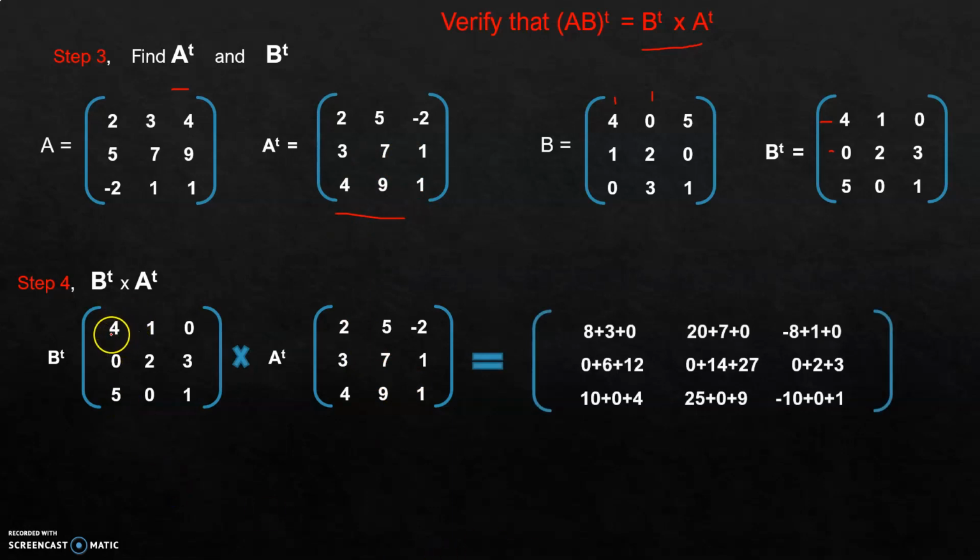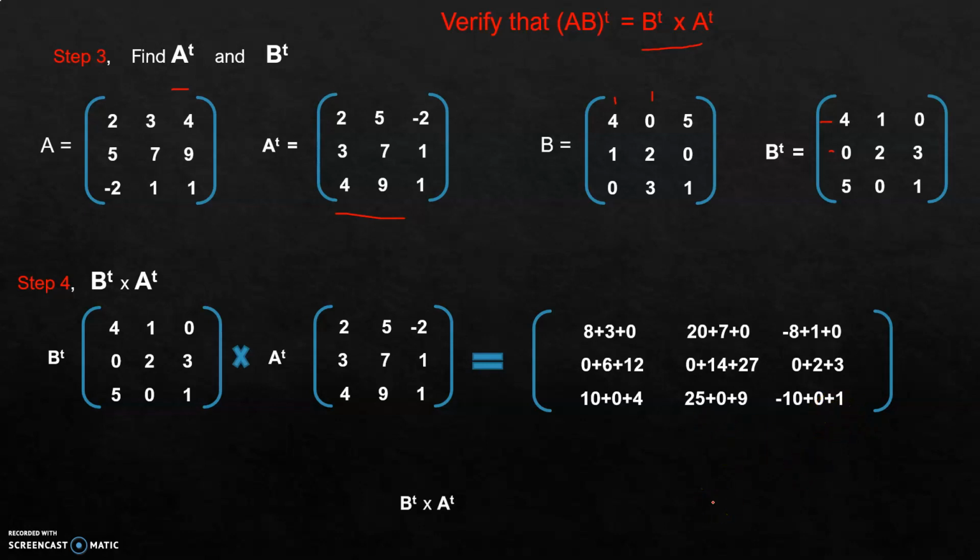We need to multiply the rows with the columns. So 4 into 2, 8, plus 1 into 3, 3, plus 0 into 4, 0. Like that, the first row with the second column, then the first row with the third column. Then the last one, the last row with the last column: 5 into minus 2, minus 10, 0 into 1, 0, plus 1 into 1, 1.